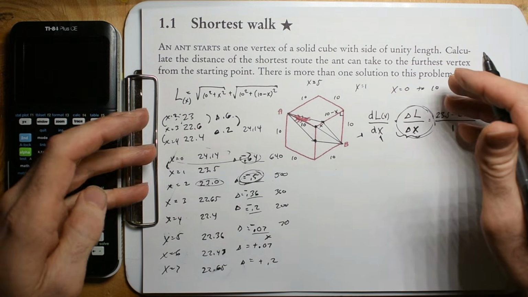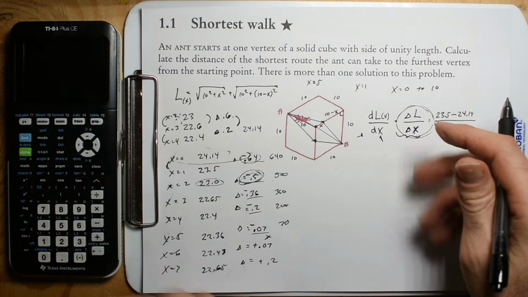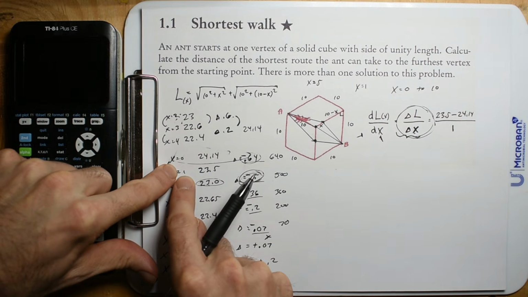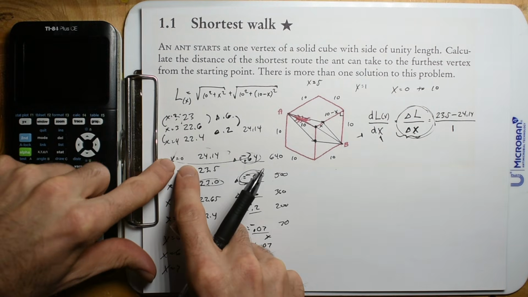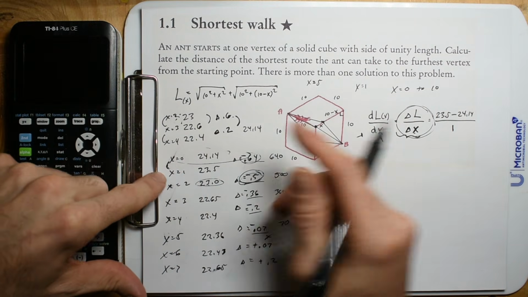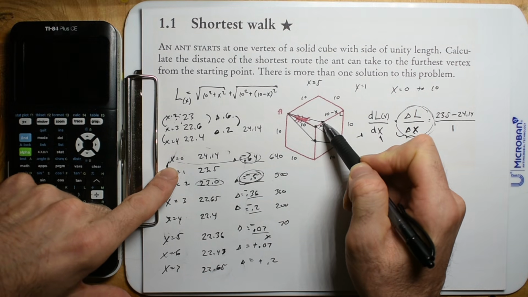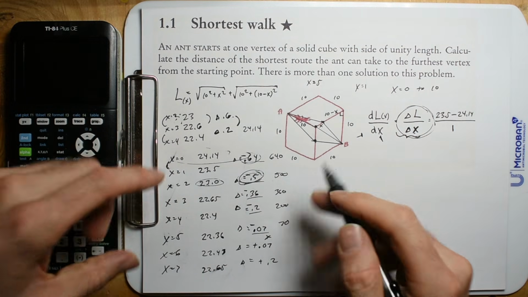But I do like this idea of having your equation and then just changing x by something. We didn't have to change it by a full value, but I do like problems where you're able to. Where it's just like, I can change x from 0 to 1, and that's going to change my length. So that's what we did.